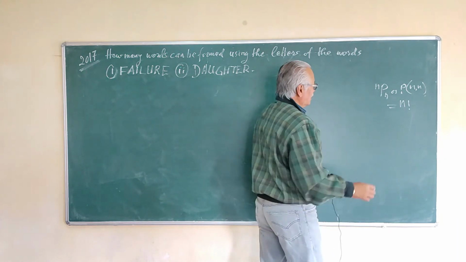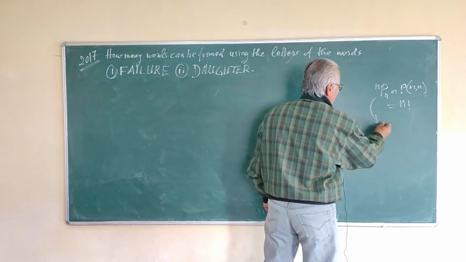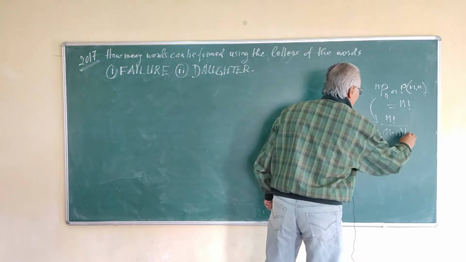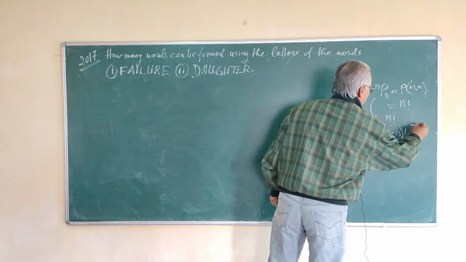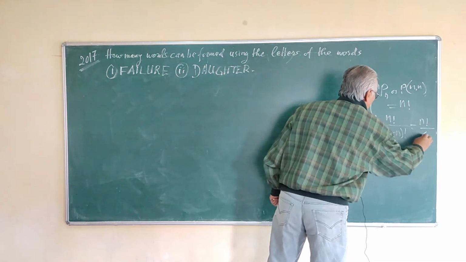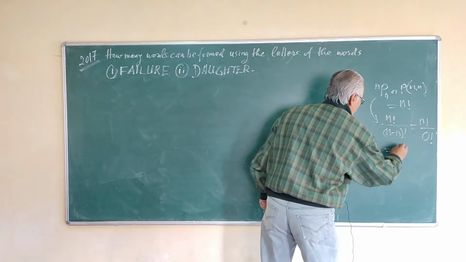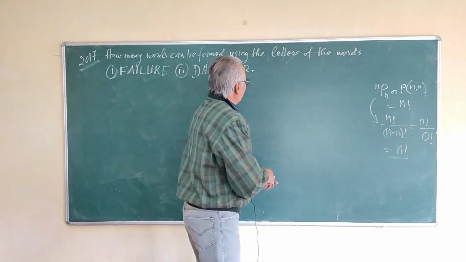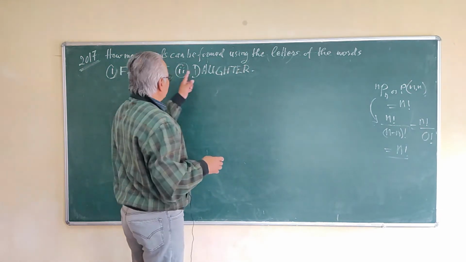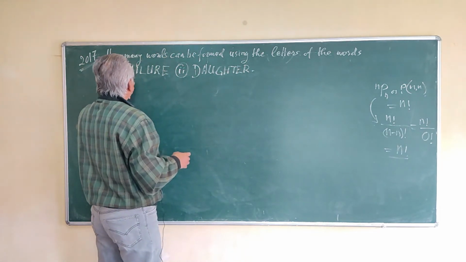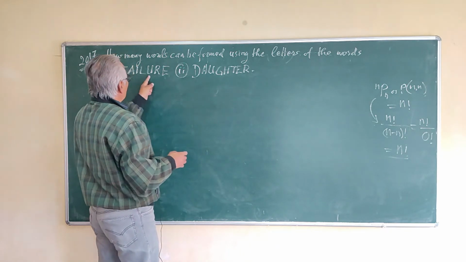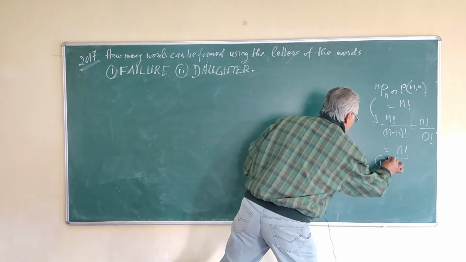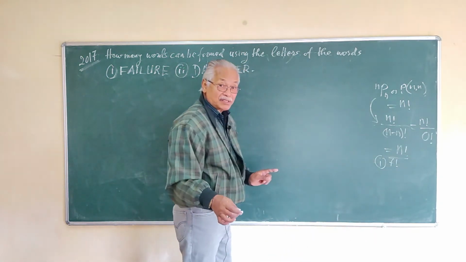Because we have done this as n factorial divided by n minus n factorial. That gives us simply n factorial divided by 0 factorial, but 0 factorial is 1, so the answer is n factorial. And if the question were straight away like that, then since there are 4 plus 3, 7 letters, the first answer will be 7 factorial, number of words.